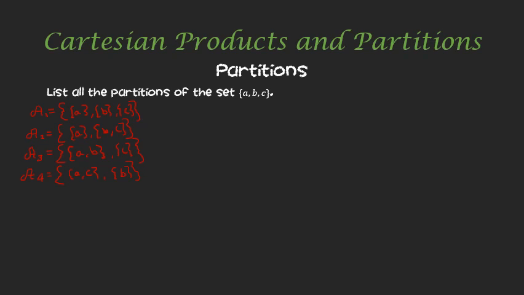So in the first one, each set had one element in it. In the second one, it was a one element set and a two element set, and that's the same for those last three, a one element set and a two element set. And that's all of them doing that.